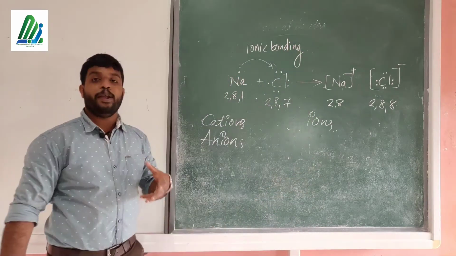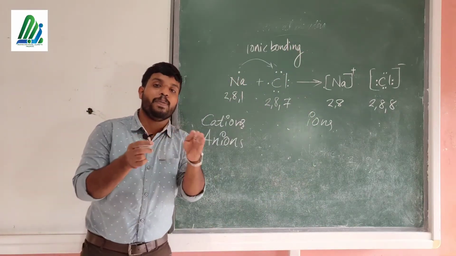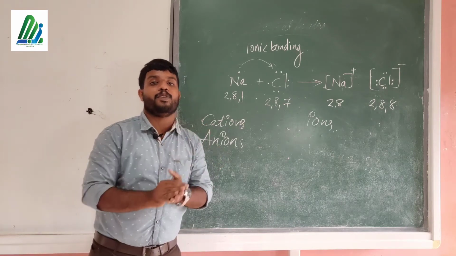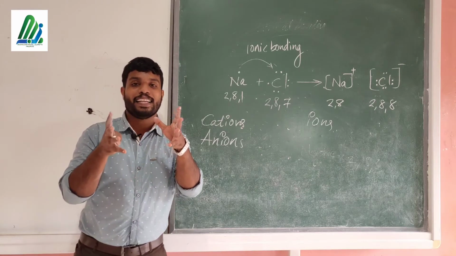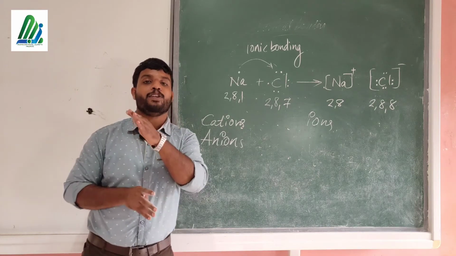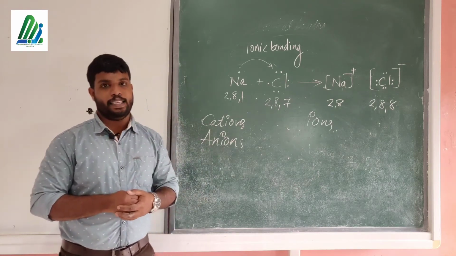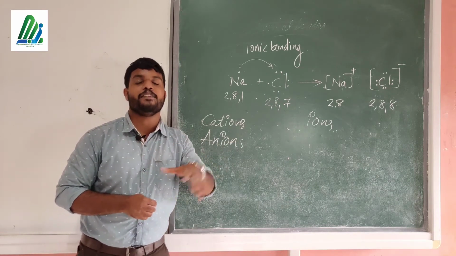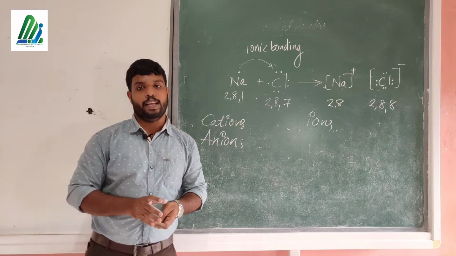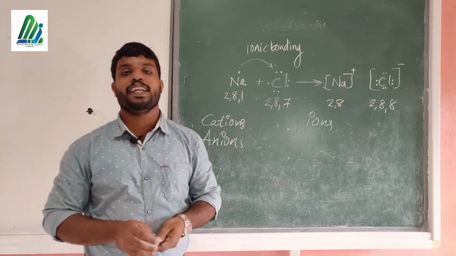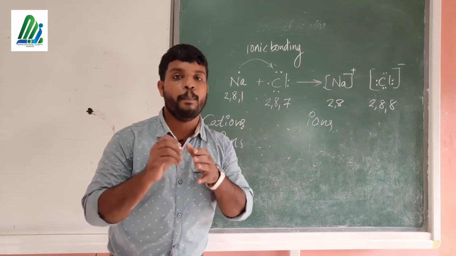An ionic bond is formed by the transfer of electrons between atoms, and the two ions are attracted together by the electrostatic force of attraction. These are the things we discussed about ionic bonding.